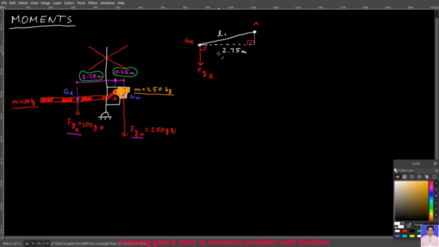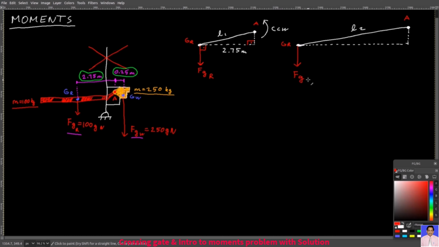And so obviously, this perpendicular distance creates tendency to rotate about point A counterclockwise. But what if you had a greater perpendicular distance between GR and point A? So the total distance is L2, for example.